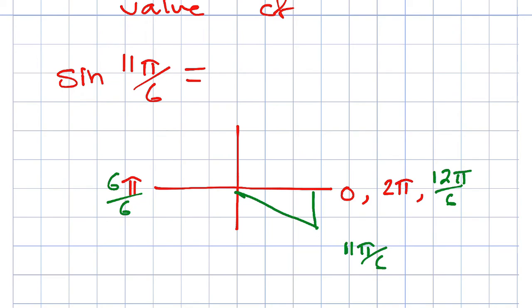If we were to write these out, this is 1/2 and it's negative. This is the square root of 3 over 2 and it's positive, and this is 1.